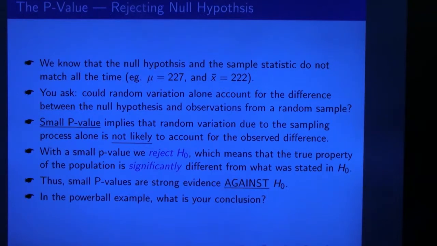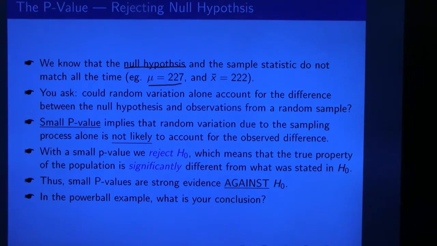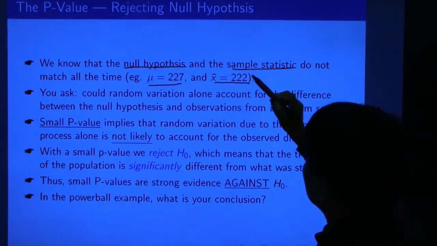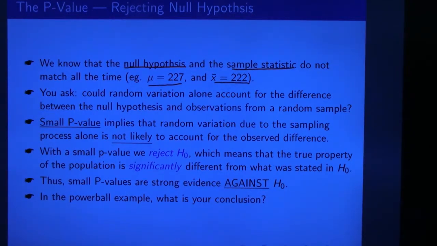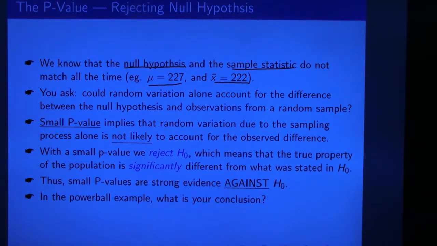We know that the null hypothesis and the sample statistic do not match all the time. In our example, the null hypothesis is mu equals 227, and our sample statistic, which is the mean of the sample, equals 222. These two do not match. The question you ask is, why don't these two match?